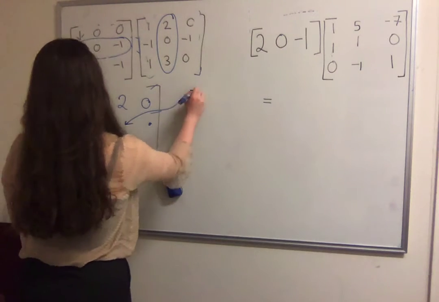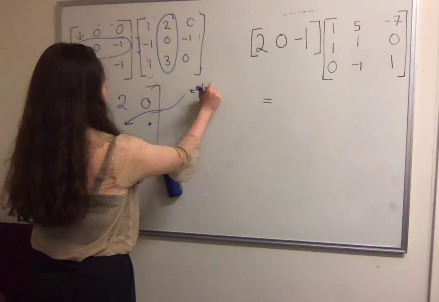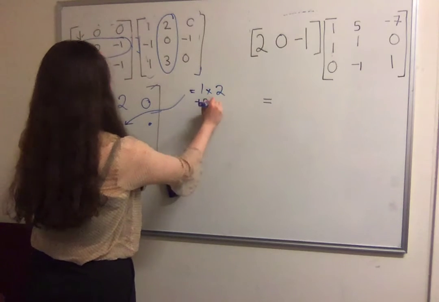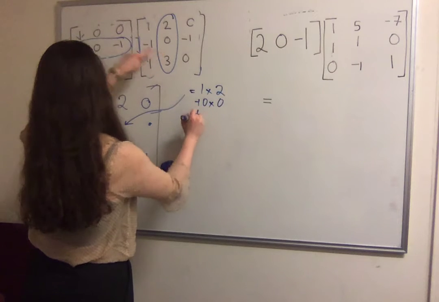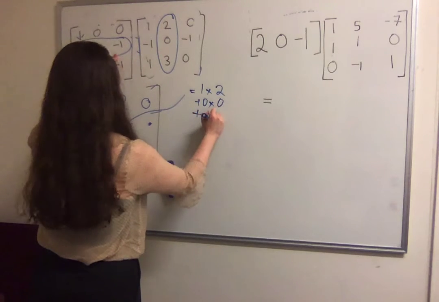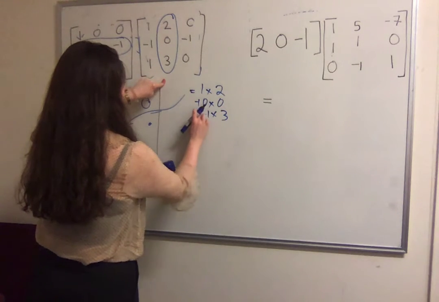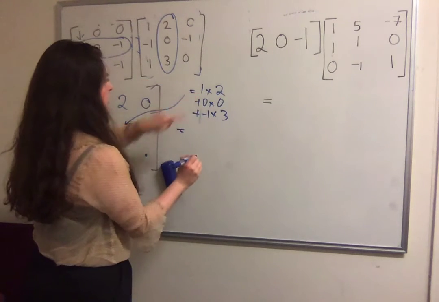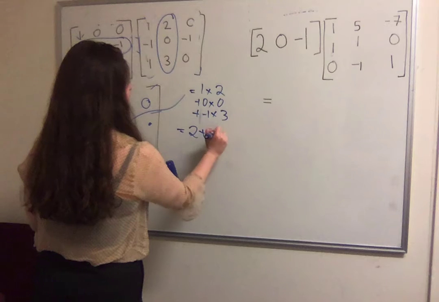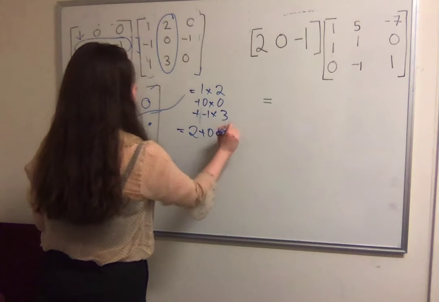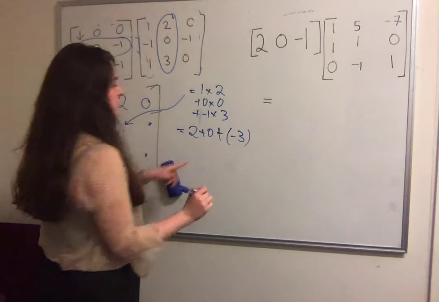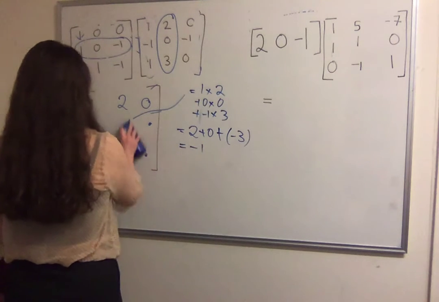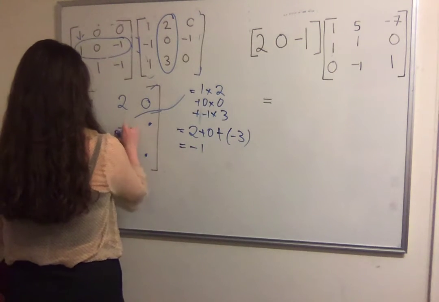And it's going to be equal to 1 multiplied by 2 plus 0 multiplied by 0 plus -1 multiplied by 3. That's a -1 there. So that's going to be equal to 2 plus 0 plus -3, which is equal to -3. So that's going to be equal to -1. And that's what goes here, is our -1.